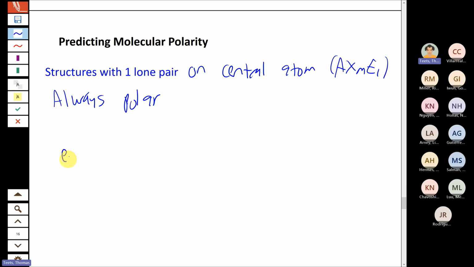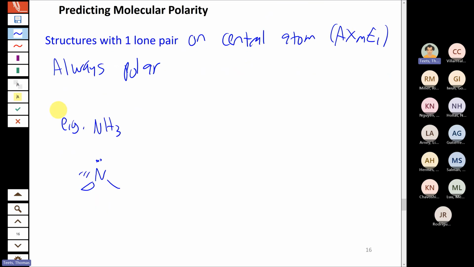Some examples of this are NH3, ammonia. If you draw the Lewis structure for ammonia, you would find that there's a lone pair on the central atom, which gives it a trigonal pyramidal structure. Because we've replaced one of the atoms with a lone pair, we don't have 4 equally opposing dipoles anymore. We have 3 that all sort of point in the same direction towards the nitrogen, and so they don't cancel each other out.